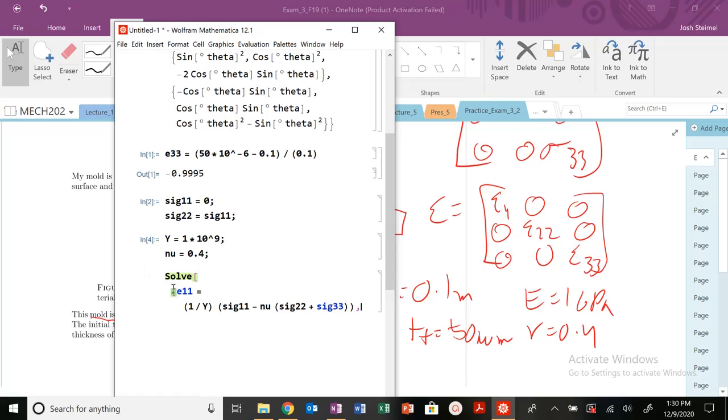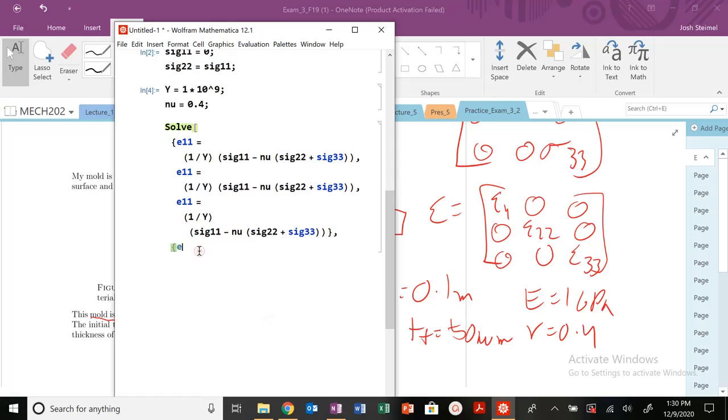Then let's copy and paste and figure out all these other values. We don't need sigma 1,1. We need E1,1, E2,2, and sigma 3,3. So let's go to E2,2, which needs sigma 2,2 and sigma 1,1. Then E3,3, which I'm going to set.